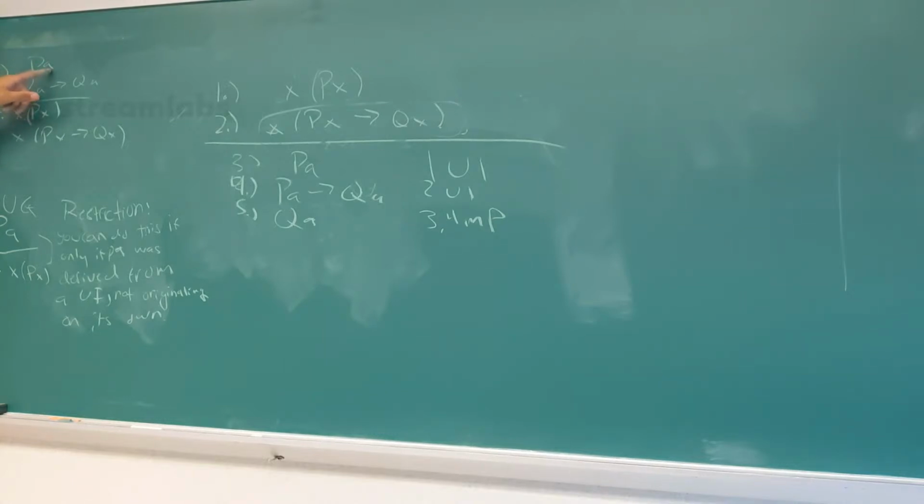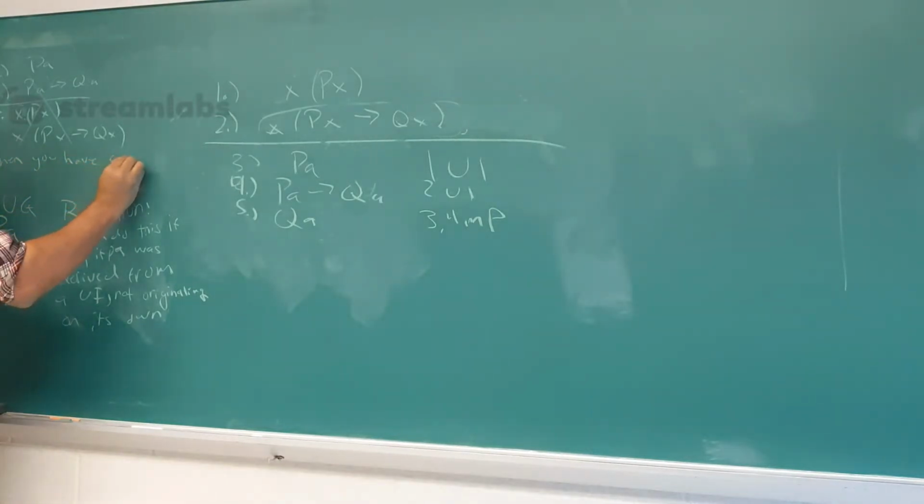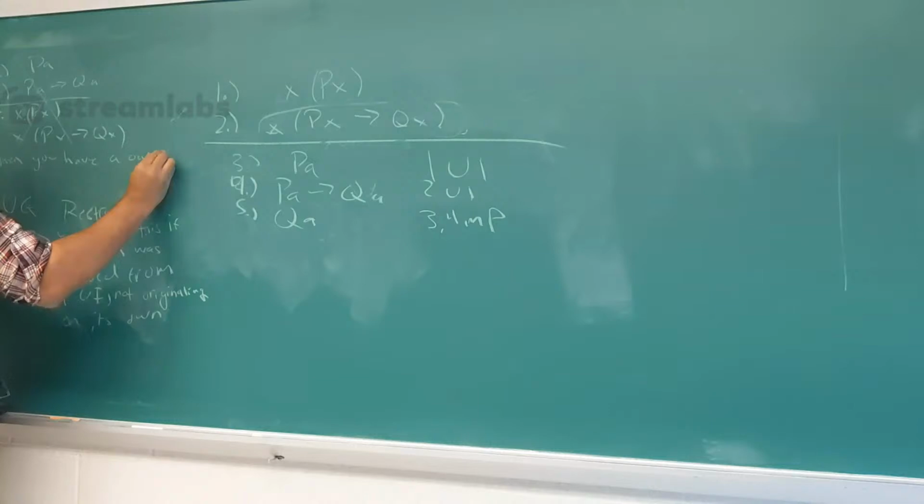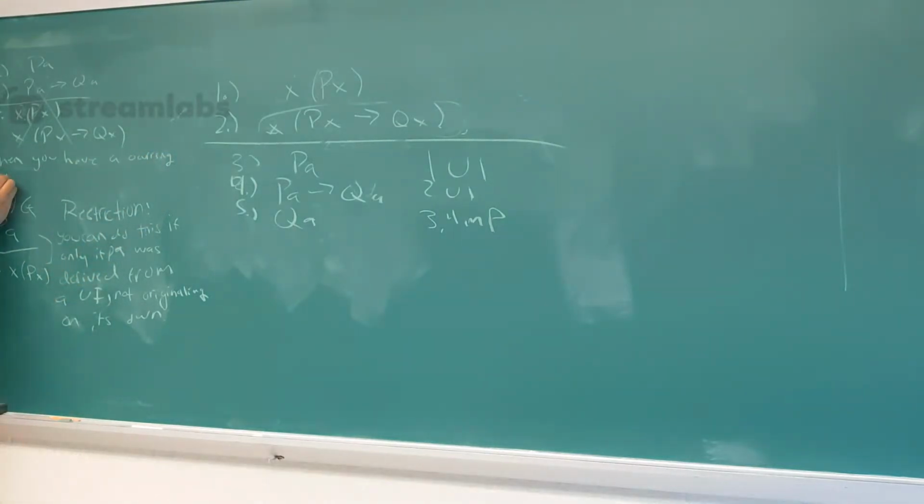Because these are in the premises intended to stand for, all I am saying here is it's a particular object. It's already assigned to a particular object A. Right? So the restriction says you can't do anything like this. When you have A occurring on its own, universal generalization doesn't work.